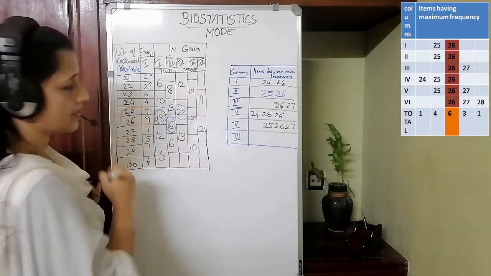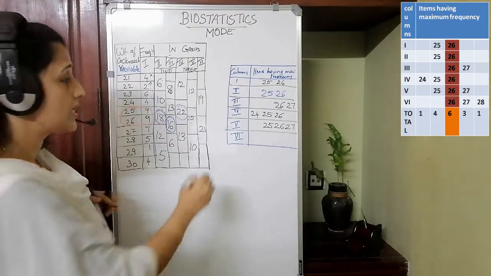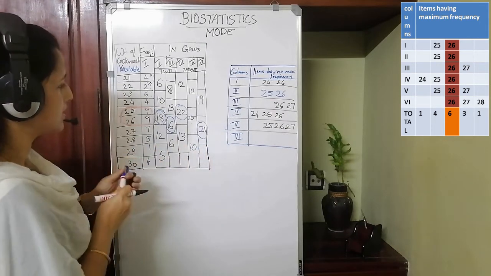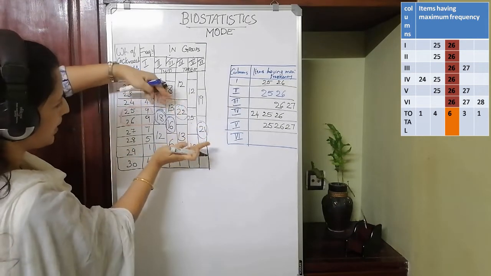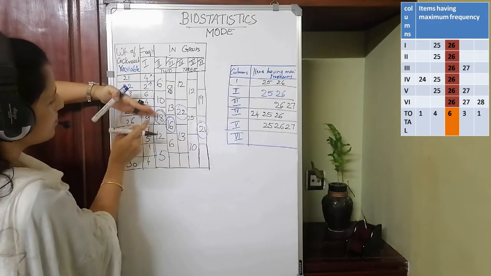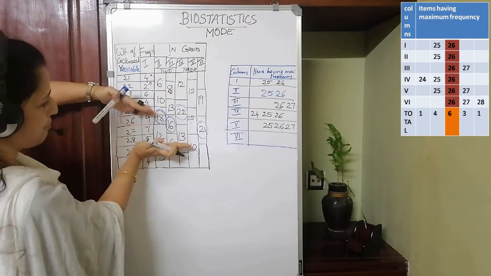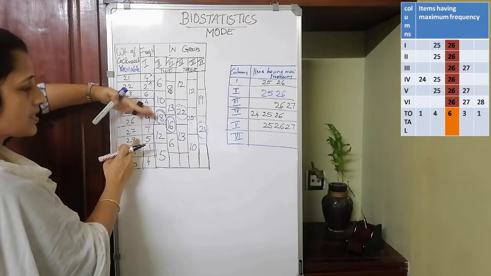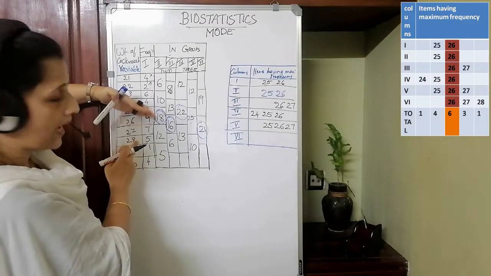Then next is column 6. Column 6, the highest frequency is 21, and we got 21 by adding these three values, that is 9 plus 7 plus 5, and 9, 7 and 5 correspond to 26, 27 and 28.